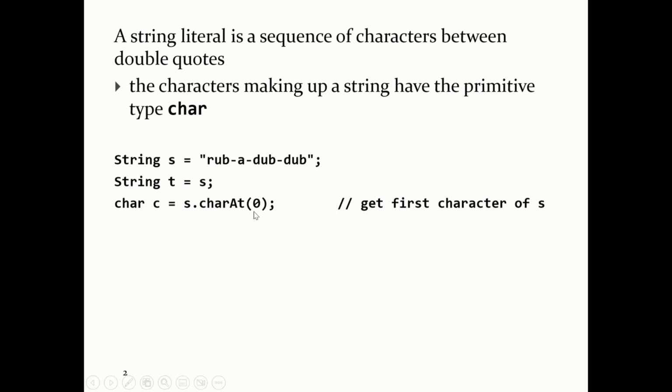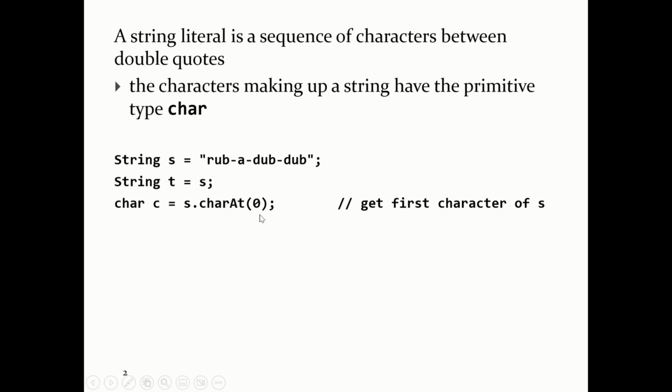Okay, so in C, to get an individual character out of the string, you would just use array indexing. In Java, you can't use the square brackets to do indexing. Java still considers the string to be a sequence of characters, but in order to get a character out of the string, you have to use charAt. So there's a method called charAt: the name of the string, dot, charAt, and then what looks like a function or method call.